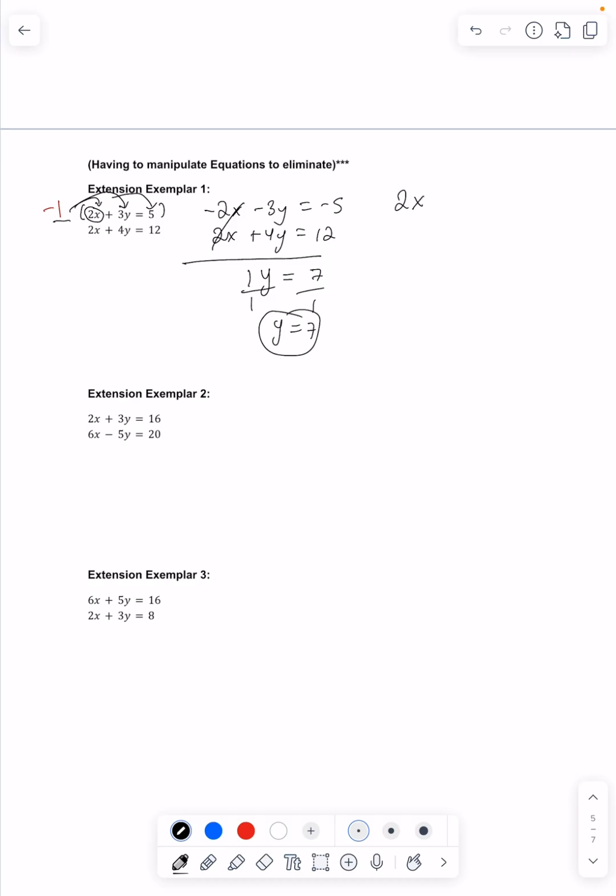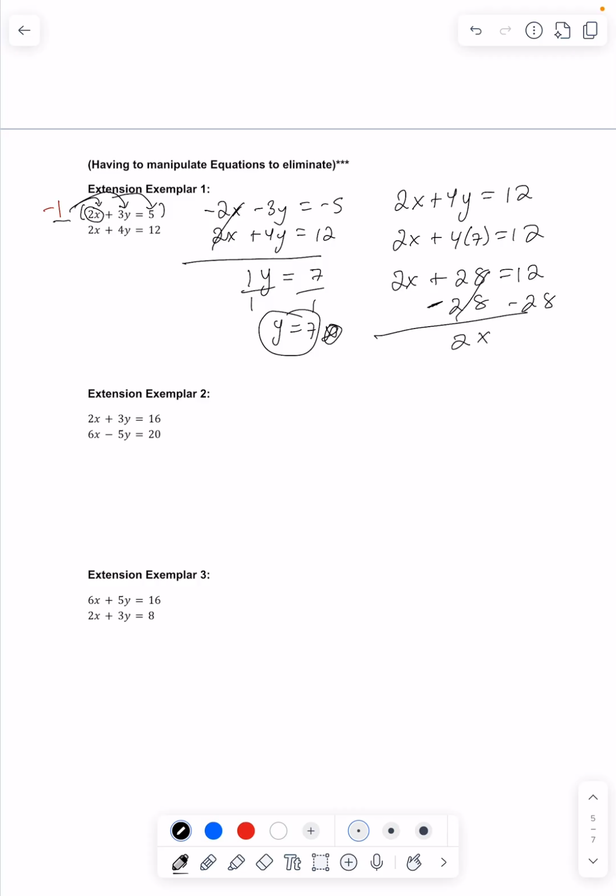Substitute it into one of the equations. We get 2x plus 4 times 7 is equal to 12, because we know y now, right? So 2x plus, in this case, 4 times 7 is 28, that gives us 12. We subtract 28 from both sides here.